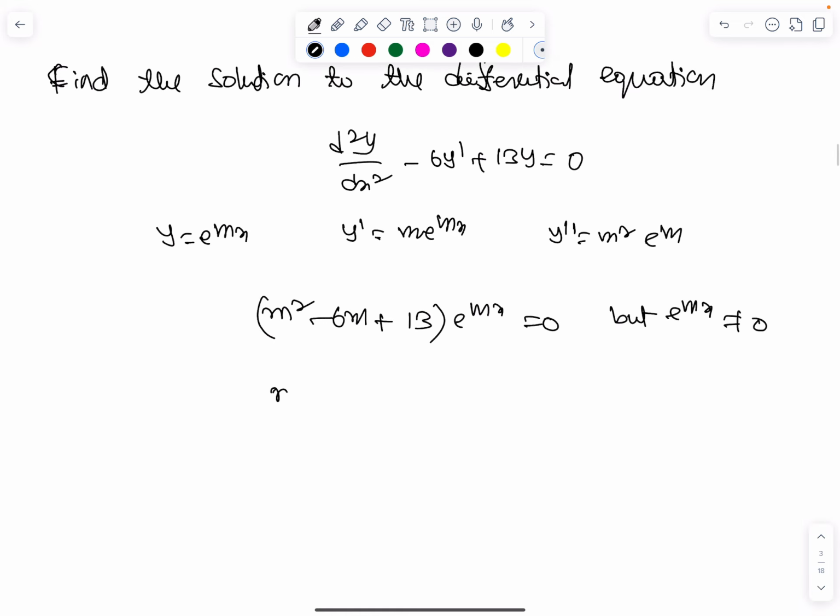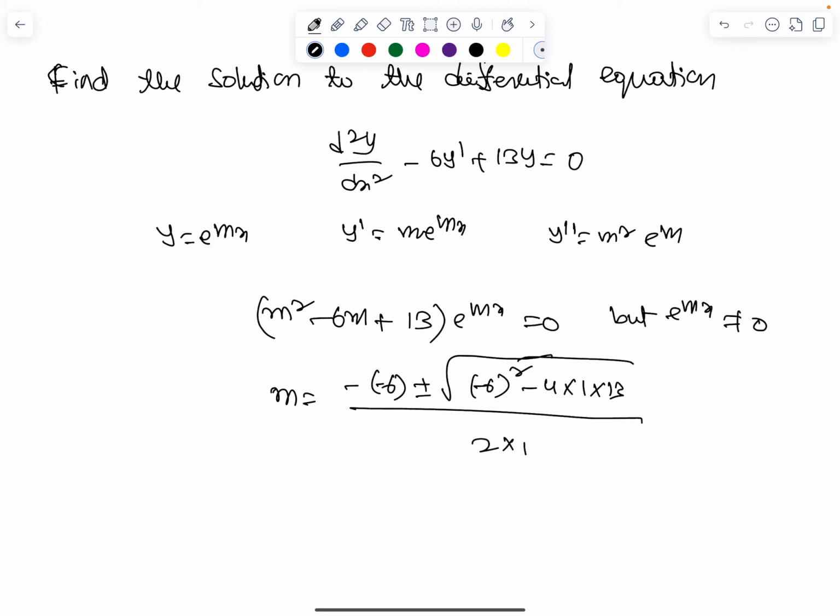Therefore, we have m is equal to minus of minus 6 plus or minus square root of (minus 6) whole square minus 4 into 1 into 13, divided by 2 into 1, which is equal to 6 plus or minus square root of 36 minus 52, divided by 2.